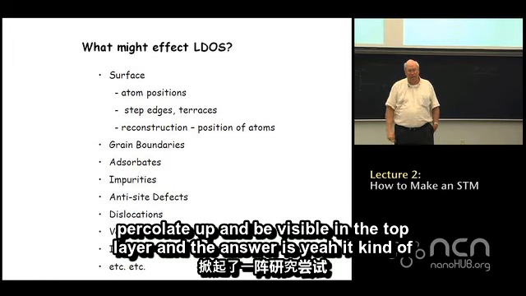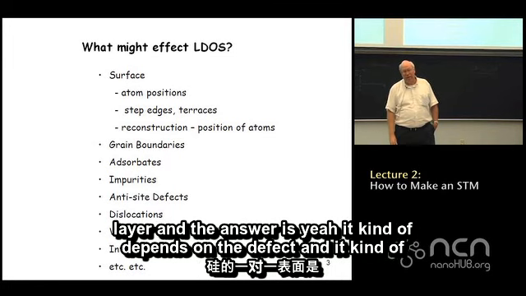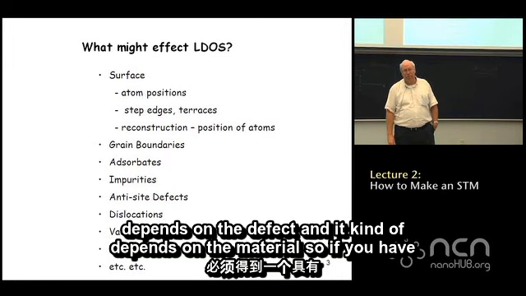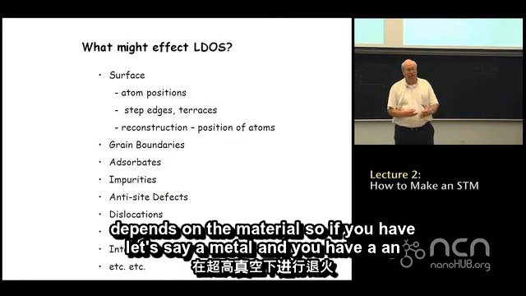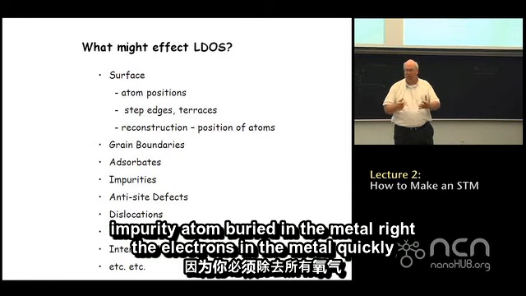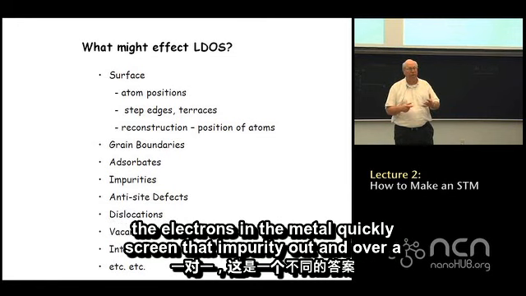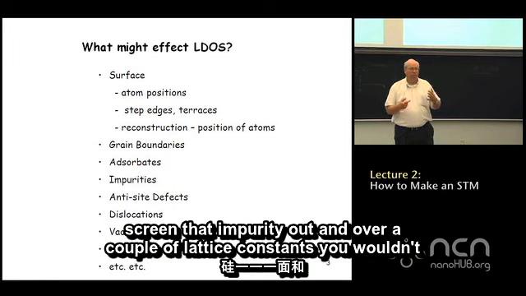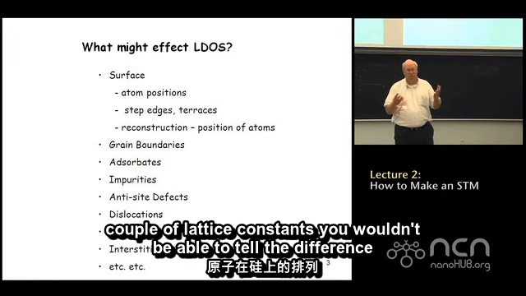And the answer is, it kind of depends on the defect and it kind of depends on the material. So if you have, let's say, a metal and you have an impurity atom buried in the metal, the electrons in the metal quickly screen that impurity out, and over a couple of lattice constants you wouldn't be able to tell the difference, right?